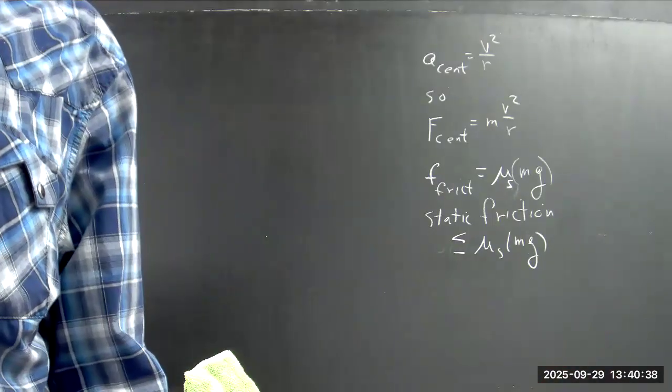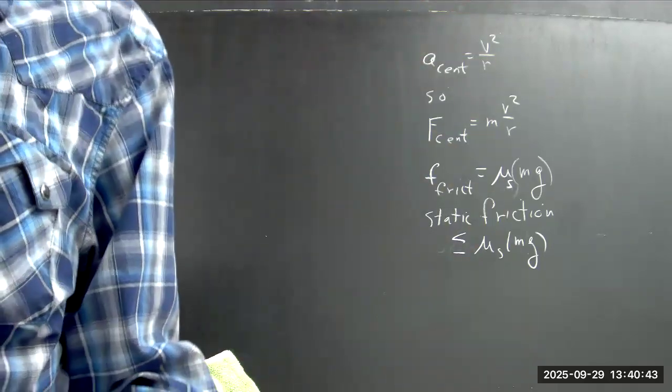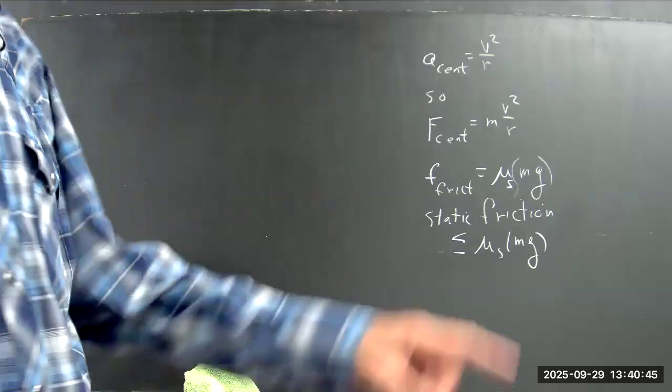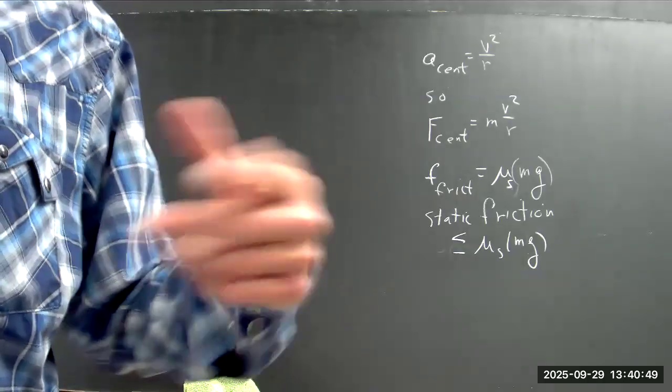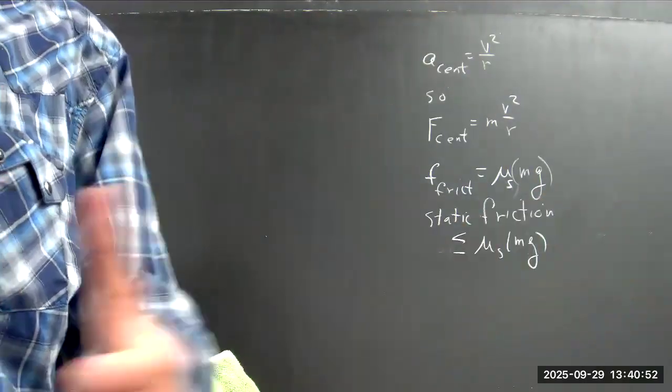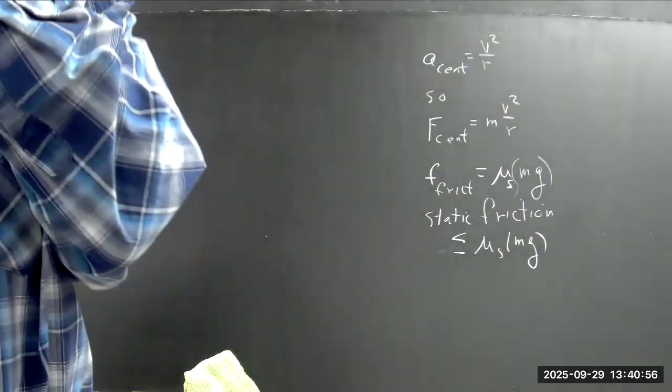In other words, coefficient of static friction times the weight. So something has a weight of 12 pounds and the coefficient of static friction is 0.4. 0.4 times 12 pounds is 4.8 pounds. It would take 4.8 pounds to break static friction.